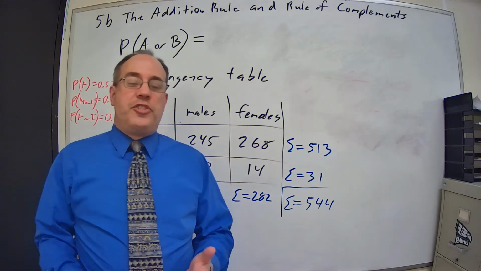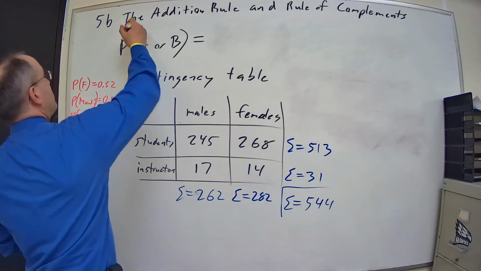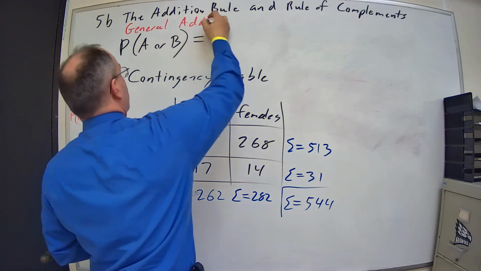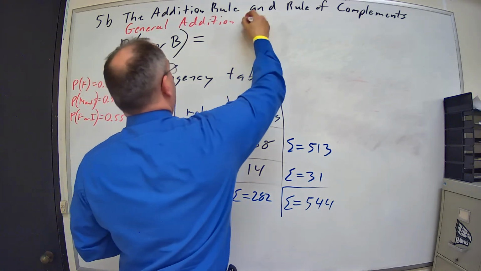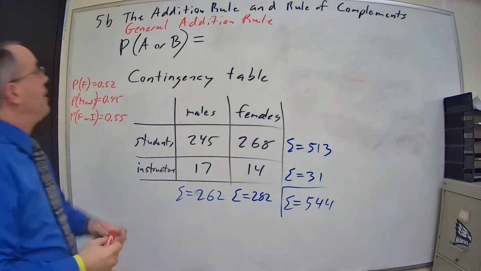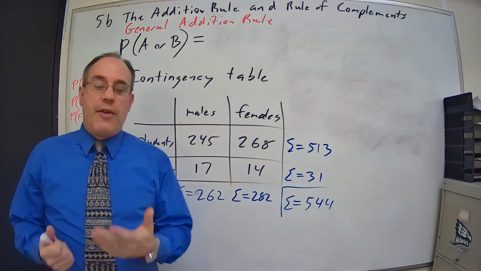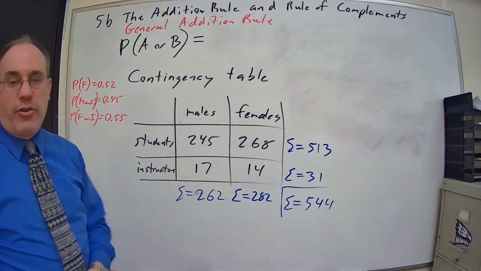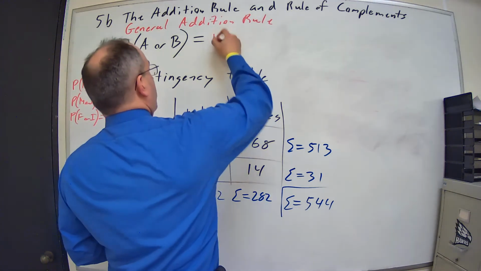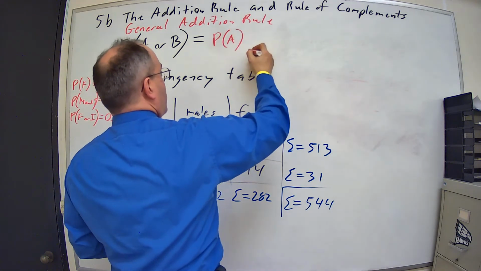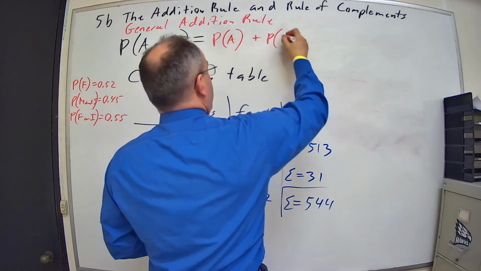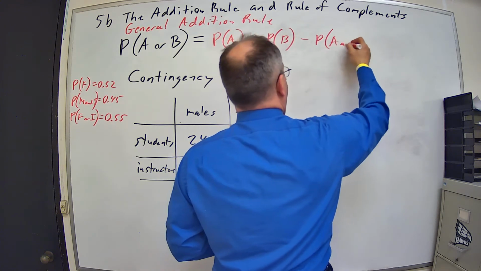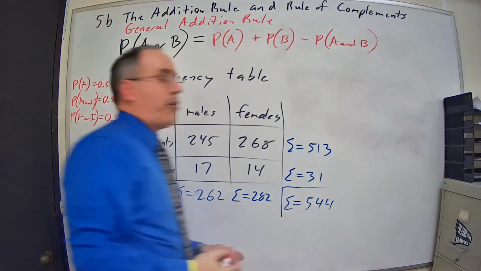And we're going to talk about the general addition rule. The general addition rule says the probability that event A or B occurs is equal to the probability that event A occurs plus the probability that event B occurs minus the probability that both event A and B occur.